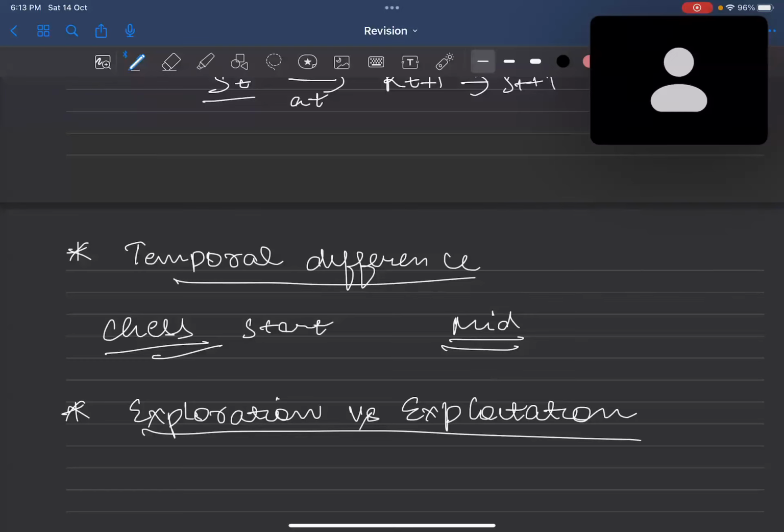If we knew it, we would continue to pull that arm and get the maximum return. So the challenge is that we have, let us say, a finite number of 10 machines. When we don't know which machine has the highest expected return, we have to make a choice whether to explore continuously, or explore once and, when we find the maximum return, keep on exploiting the same thing.